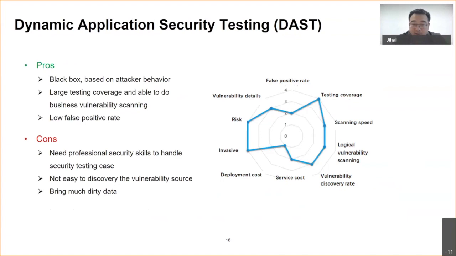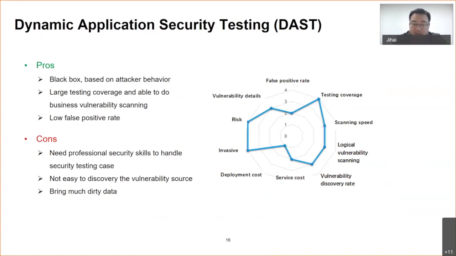The hard thing is that because they simulate hacker behavior, you need enough cybersecurity knowledge to write the cases. It's very challenging for developers to do this.